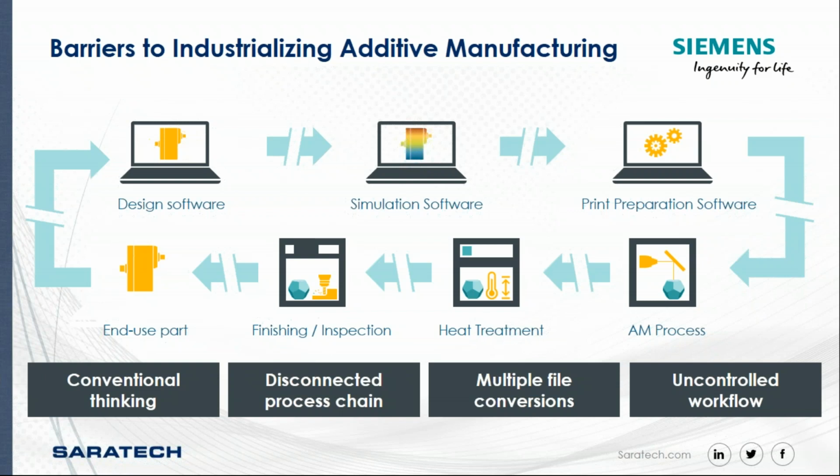If they want to prepare the print, make support structures for certain types of printers, or pack parts into the build tray, that's another piece of software. If they want to do topology optimization or lattice structures as part of their design, often that's another piece of software.